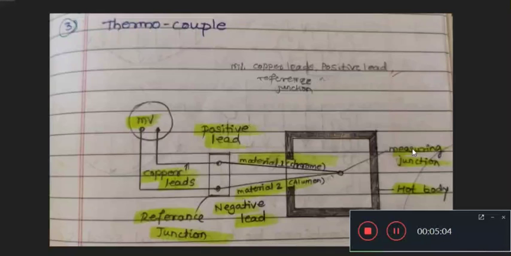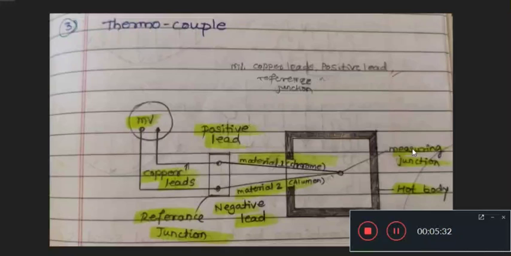Here the figure shows a thermocouple which has a strip consisting of a positive terminal and a negative terminal. The positive terminal is connected to the millivoltmeter and the negative terminal is also connected to the millivoltmeter by two copper leads, forming a junction known as the reference junction.